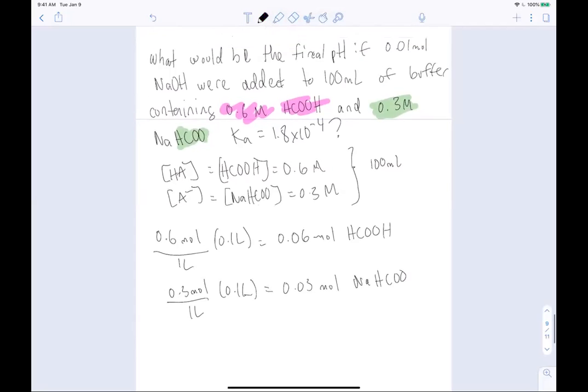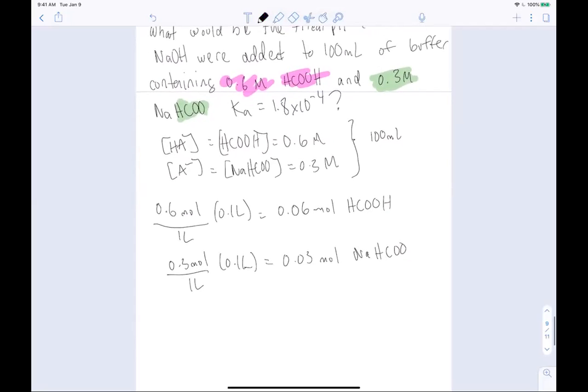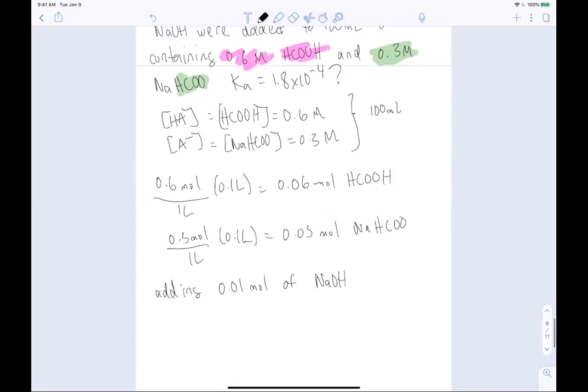All right, and then we're adding in 0.01 moles of sodium hydroxide. So this is base.